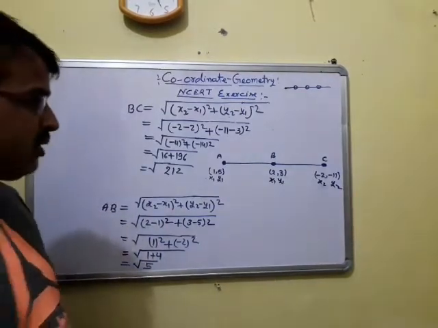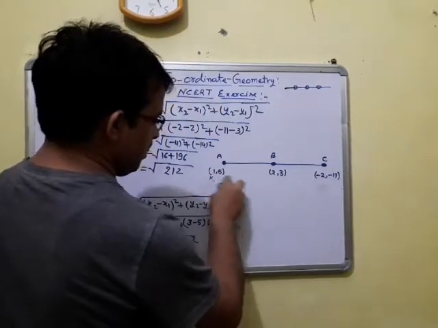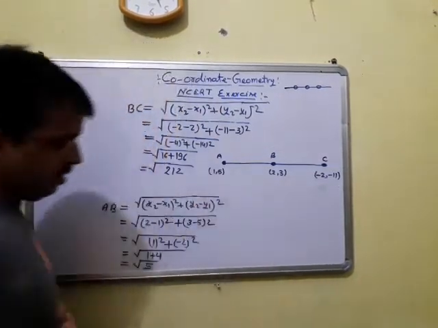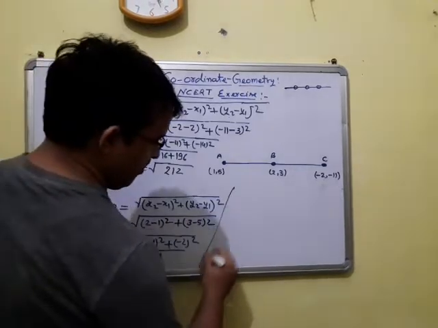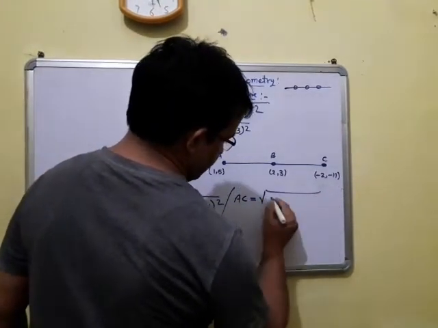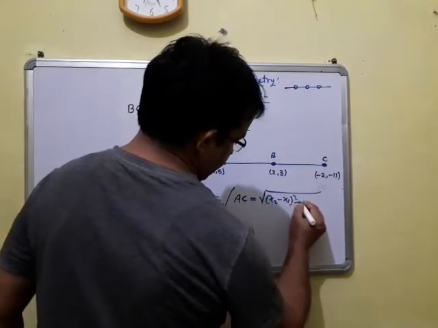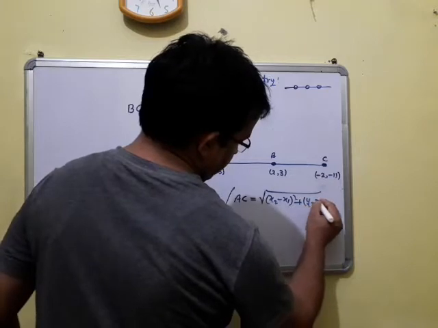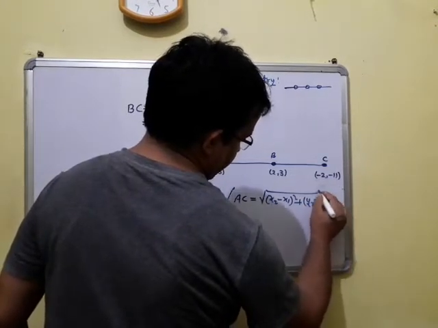Again we go here, AC. So AC is equal to, look here, solve here, AC is equal to x2 minus x1 whole square plus y2 minus y1 whole square.